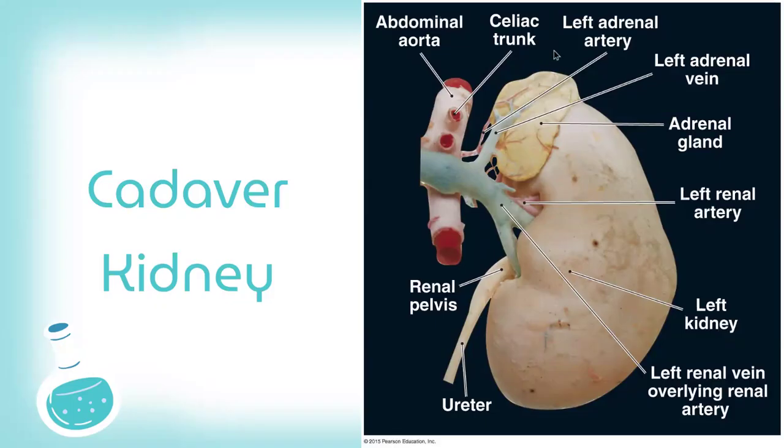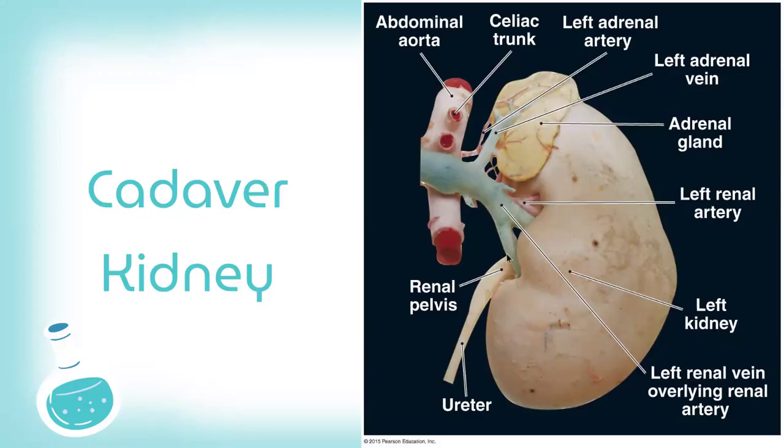You also have your adrenal artery. So the adrenal artery is going to be this small little portion over here in red, and then right next to it in blue is where your adrenal vein is going to be. They both lead into the hilus region of your kidney over here.